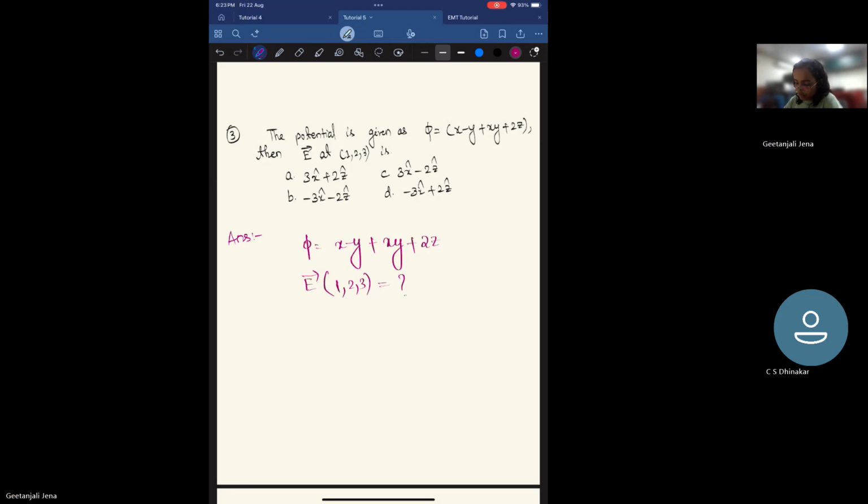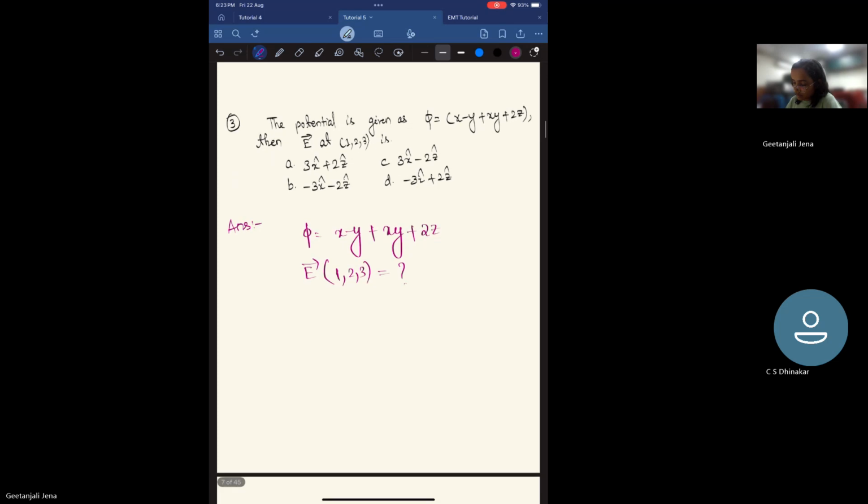So you just need to use that the electric field is minus the gradient of the scalar potential. But there is no option like this, only x cap and k cap are given.